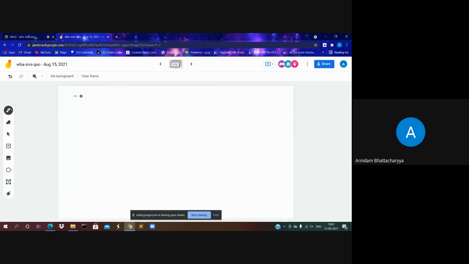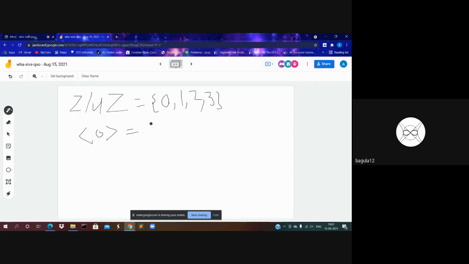Let's do this. So Z mod 4Z has four elements: 0, 1, 2, and 3. So what is the subgroup generated by 0? Zero. 1 generates everything.